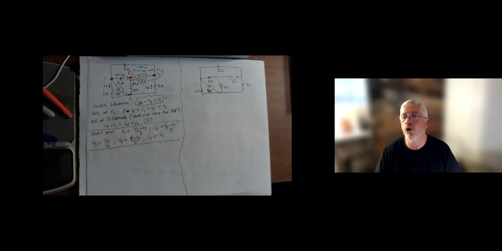I5 is V1 over 1. So these are my Ohm's law equations. I purposely put 0 minus V3 so that you can see how I get minus V3 over 4. These are the steps that I expect to see from your work.